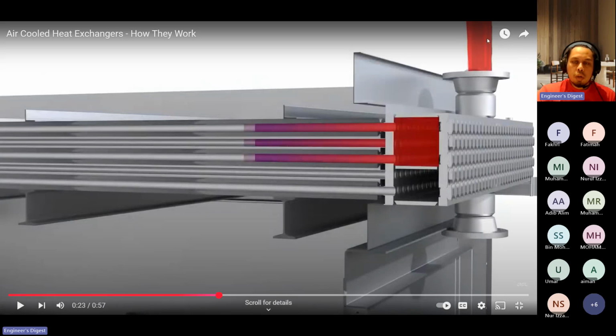So you have a hot fluid coming in on the first half of the header box, going through the tube. Once it goes through the tube, whatever length it was, you have a fan below here. When you have a fan below, you are forcing the air to go through, so you are actually cooling this fluid.